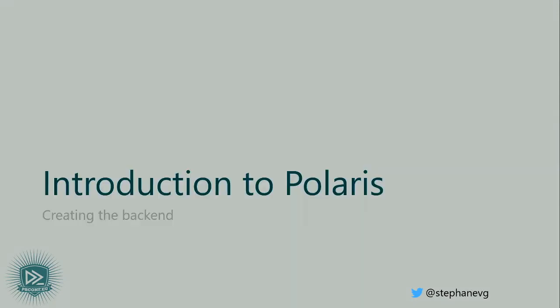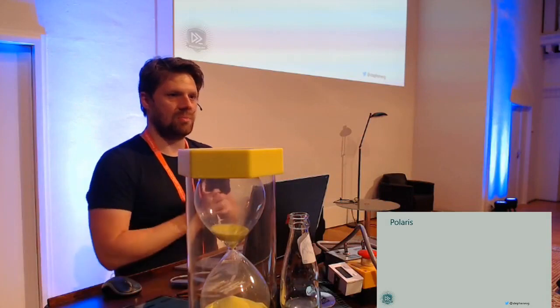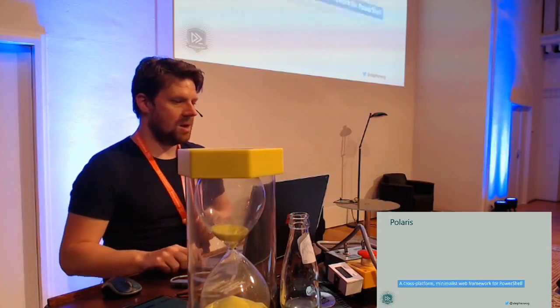Okay, so now we arrive at the interesting part. Up until now, we have gone through this slight learning curve of HTML, and we've created only static and local pages, right? Now Polaris is going to help us improve that and make things more dynamic. So what is Polaris?